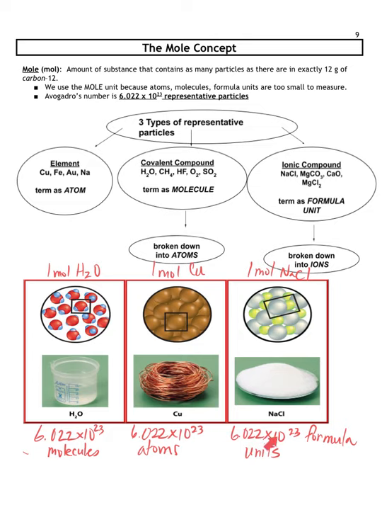Look at the periodic table and find the average atomic masses of 2 hydrogens plus 1 oxygen. We're doing what is called the molar mass. We're weighing them out.